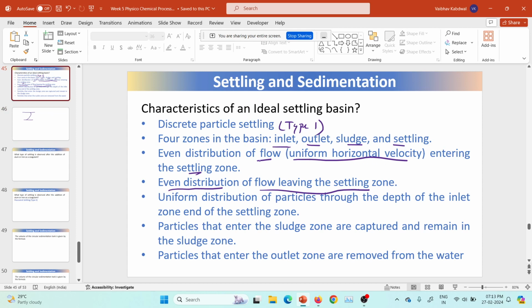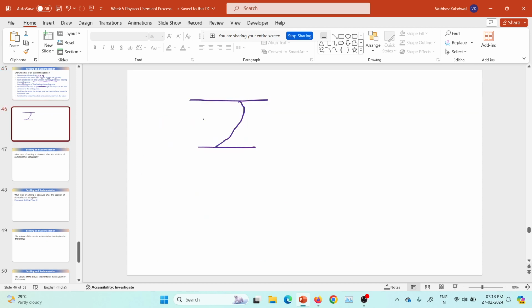Uniform horizontal velocity entering the settling zone. So its velocity will be like this. It will be throughout, it will be BF, in the sedimentation time.